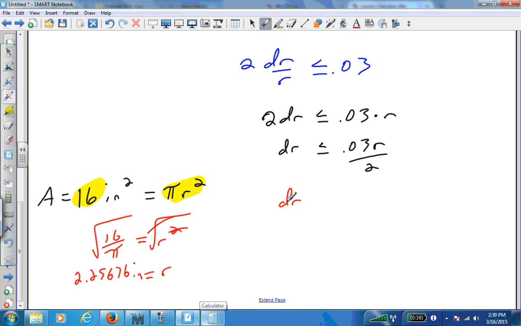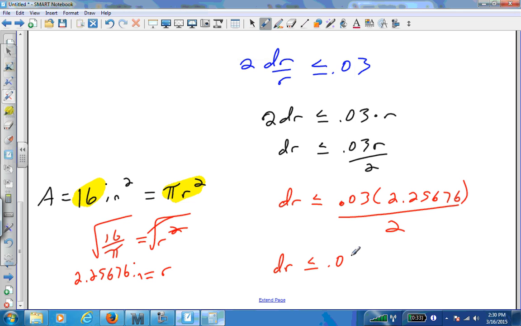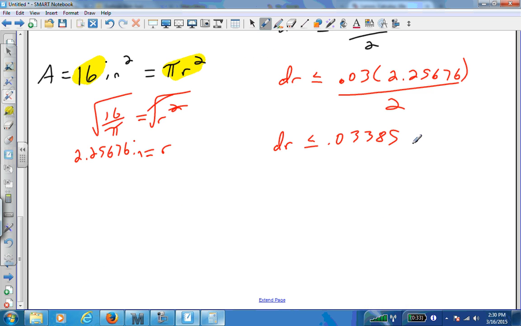So our radius needs to be measured within 0.03 times 2.25676 divided by 2, which is 0.03385 inches.